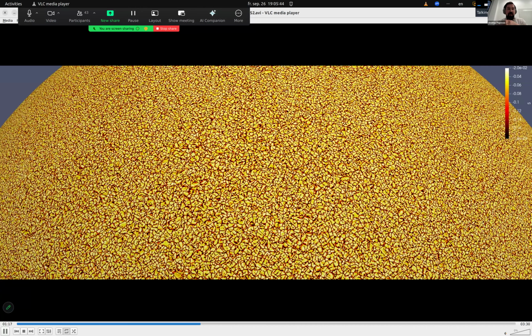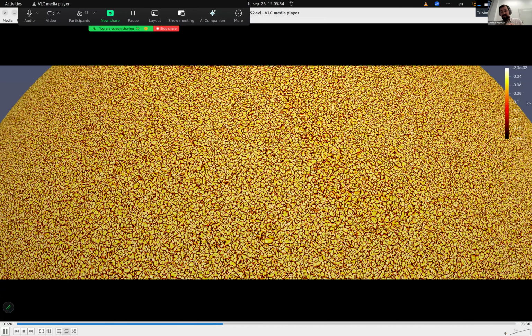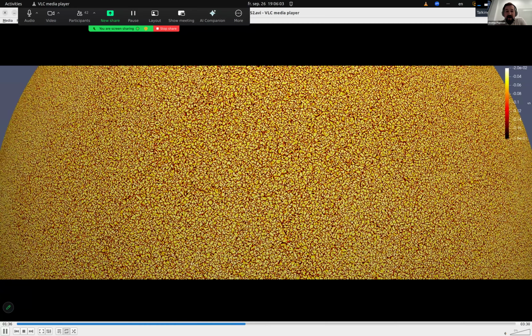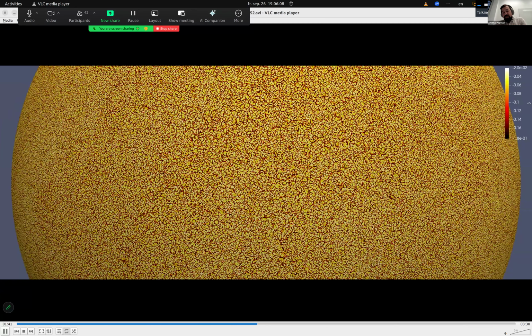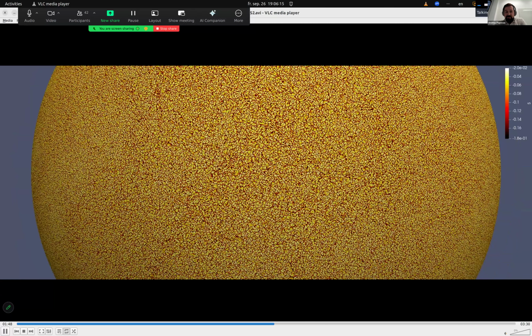I will want at some point to do a time evolution of this simulation, but it becomes at some point as costly as running the simulation itself, because this is very, very high resolution, as you may see. And it might be that we will do even better simulations pretty soon.